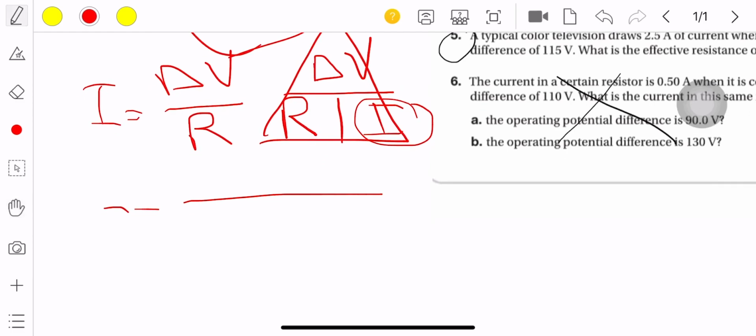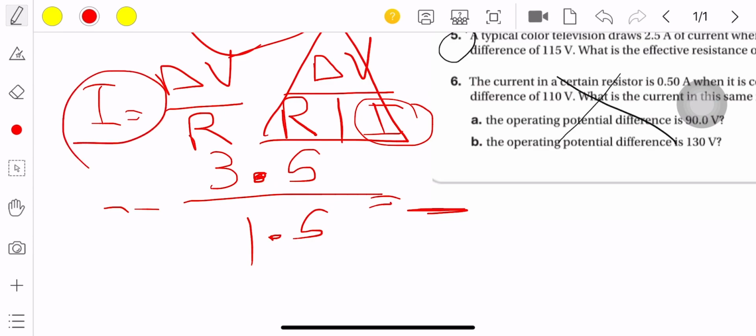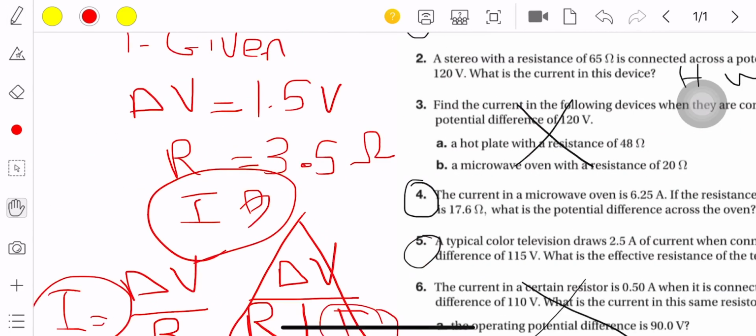So it will be 1.5 over 3.5, and you will get the electric current. You can do it on your calculator. Do you remember the unit of electric current? It is ampere. Bravo. It is a capital letter A. Done? So easy. Okay, let us do the other one.